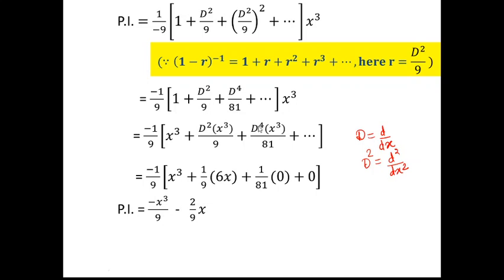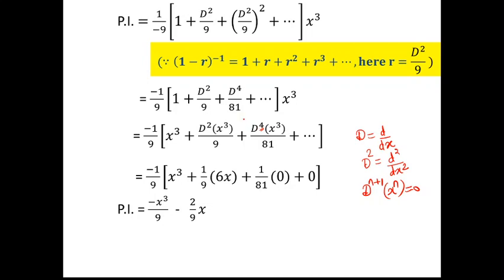According to the standard result which we have, D raised to n plus 1 of x raised to n is always 0. So when the power of the differential operator D is more than the power of x, it always comes out to be 0. Here the power of D is 4, which is more than the power of x, so it comes out to be 0 according to the rule of differentiation.